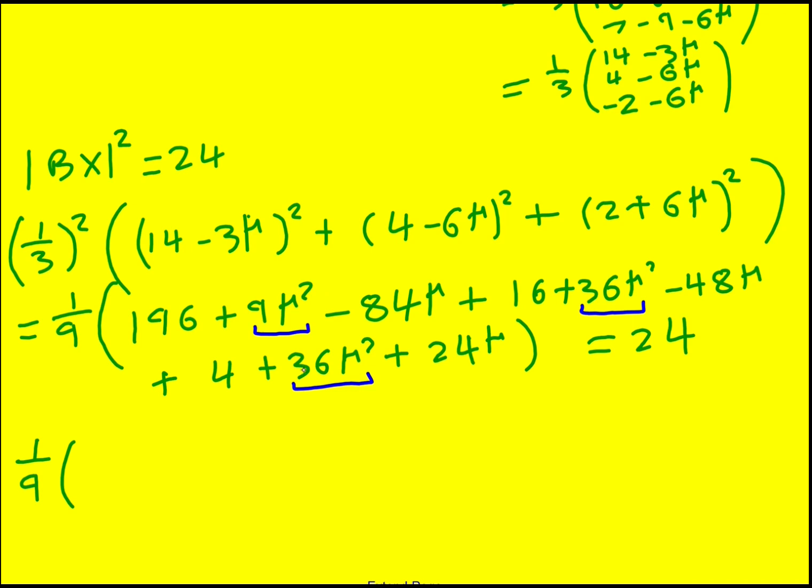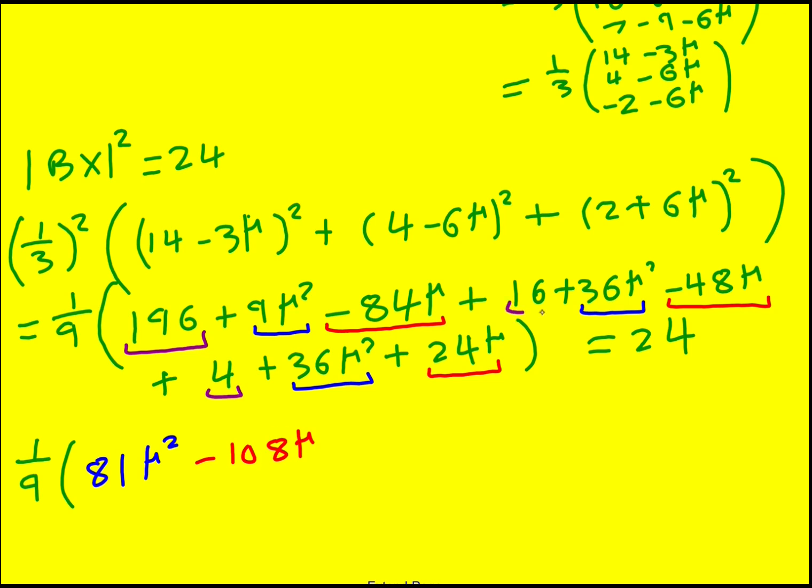That gives me 81 mu squared. Then these, the minus 48 plus 24 gives me minus 24, so I'm going to get minus 108 mu. And then 196 plus 4, that's 200. That's quite nice. 216.